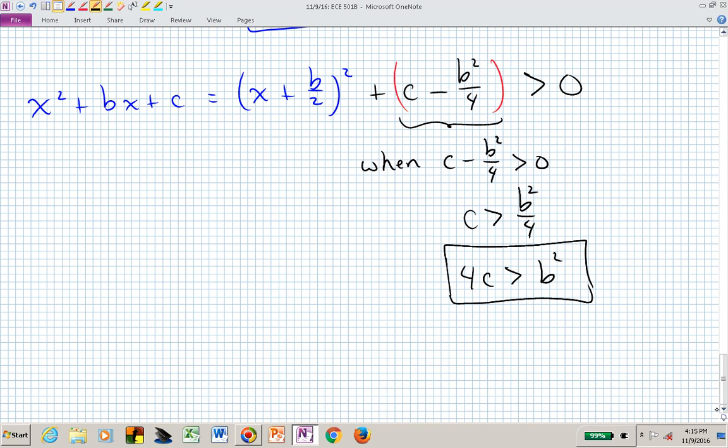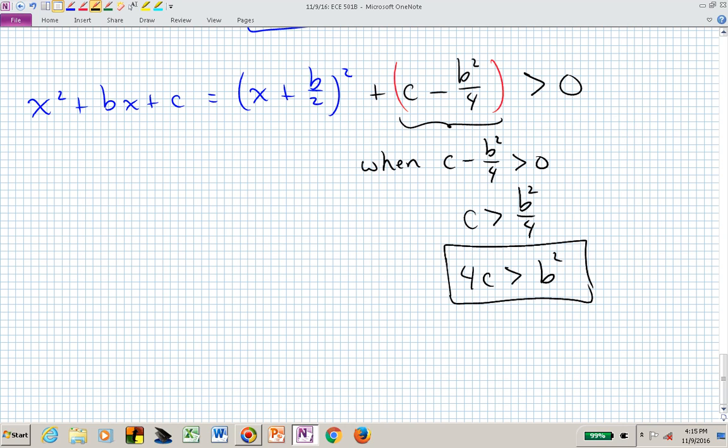Now we are saying that as long as b squared is less than 4c, then this first expression, x squared plus bx plus c, will be non-negative. And in this case, if 4c is indeed greater than b squared, not greater than or equal to, then we know that that's positive. And if it's positive, then we can invert that expression on the left.